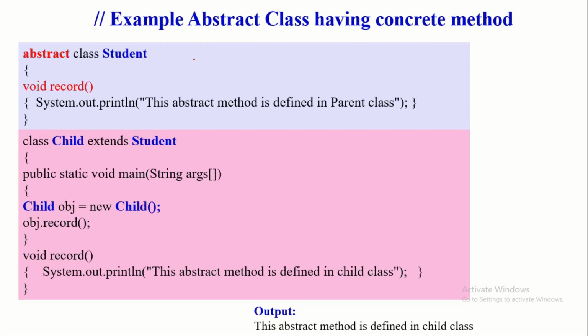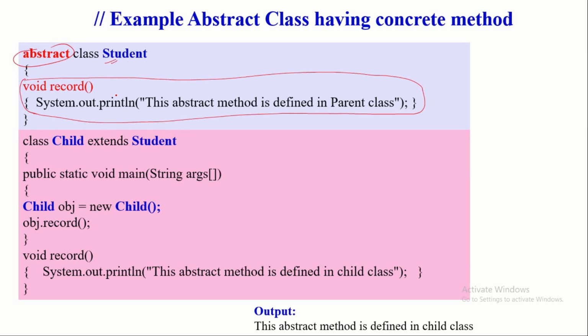Whereas coming to the abstract class that has the concrete method, here you can see the abstract class student has the method record. It is a concrete method because it has a definition now. The derived class that inherits the properties of the base class declared as abstract may or may not provide the definition for the concrete method.